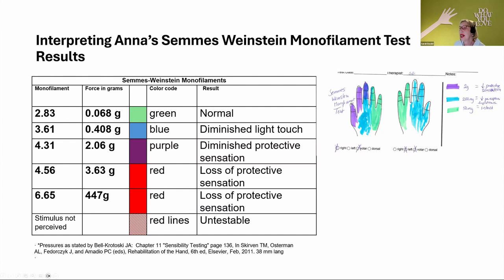And you can see here, her 3 fingers are purple on the right hand, and that means that she already has a drop off in her protective sensation. Okay, she does not perceive the monofilament until it reaches 2 grams of pressure, so she's already having quite a drop off in sensation. The left one is more mildly affected, but the right one is more severely affected.